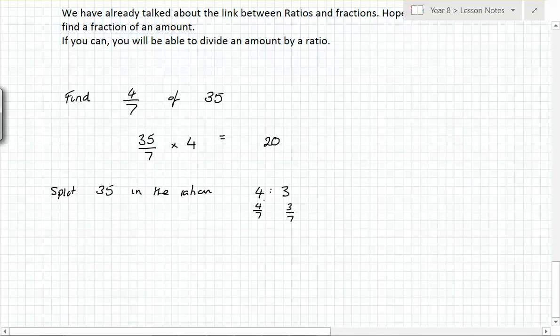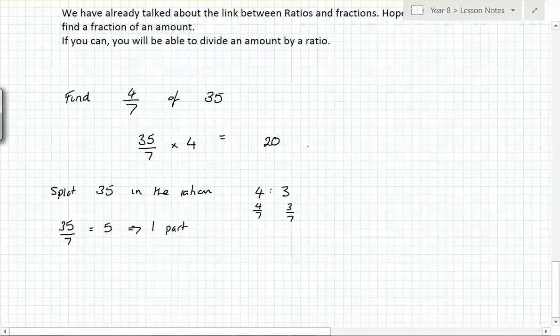So again, we divide by the 7, and we say 35 divided by 7 equals 5, and 5 is 1 part. Make sense?